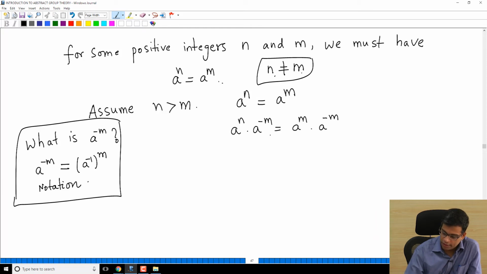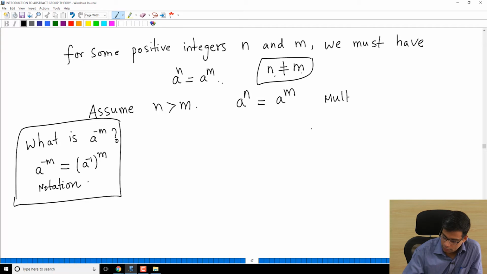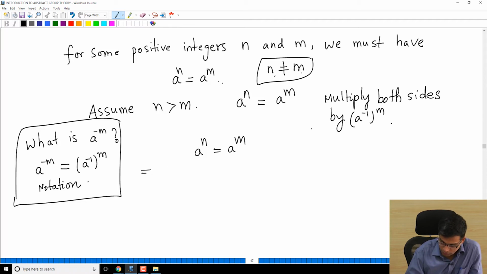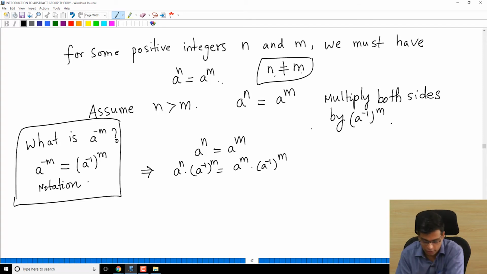So, here what we are really doing is, because I am doing this for the first time, for clarity I will multiply both sides. So, in other words, I have a^n times a^(-m), and I get a^n. But now let us see what happens.